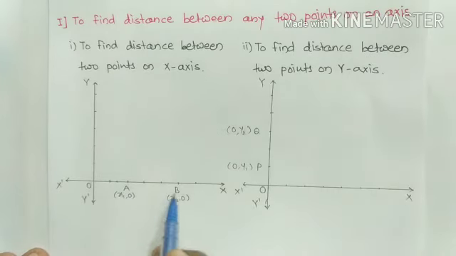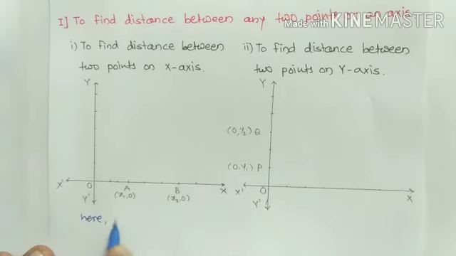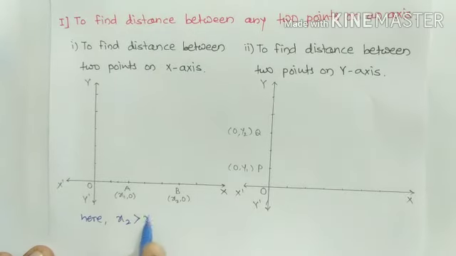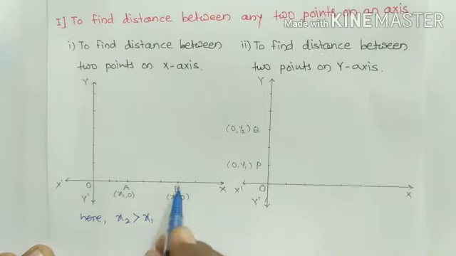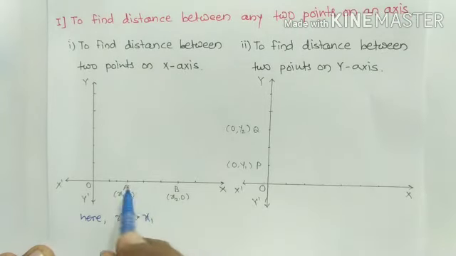In this figure, point B is to the right side of the point A. That's why here x2 is greater than x1. Here x2 is greater than x1 because point B is towards the right side of the point A, and we know that on a number line. Here this x-axis is also a number line.